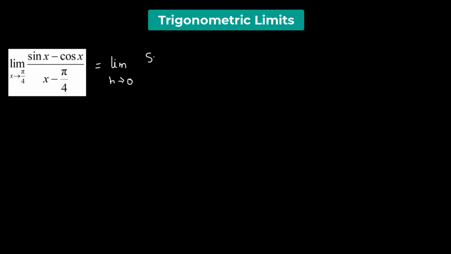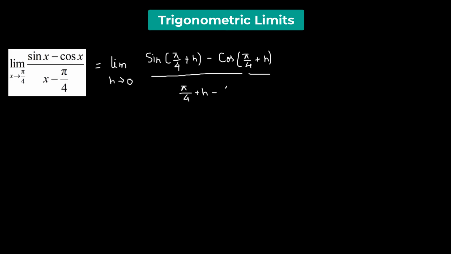So that means we have to replace x by pi over 4 plus h, minus cosine of pi over 4 plus h, divided by, now x will be pi over 4 plus h minus pi over 4. So the pi over 4 and pi over 4 gets cancelled.